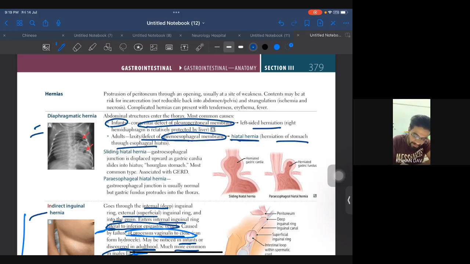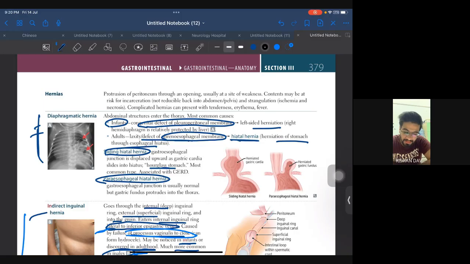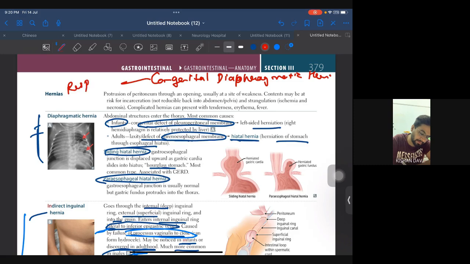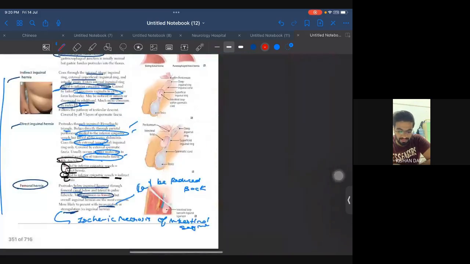Sliding and paraesophageal hernia. For sliding, just remember hourglass and that's it. They won't ask this in detail. If they want to ask you in detail, the one thing they will ask is congenital diaphragmatic hernia, and we have done this in the respiratory system. So with this we are done with the anatomy part.